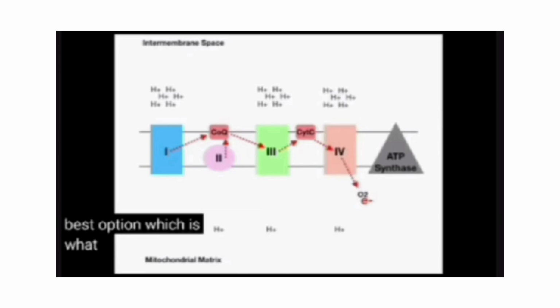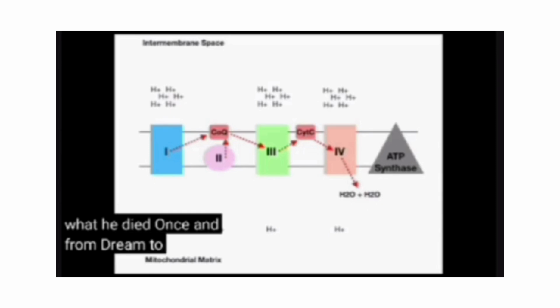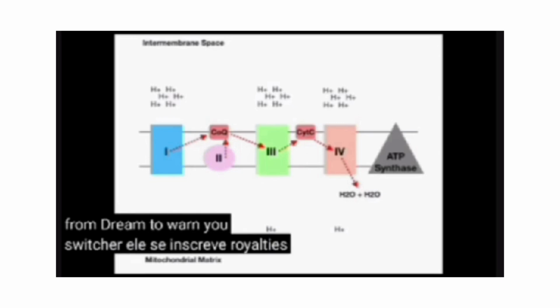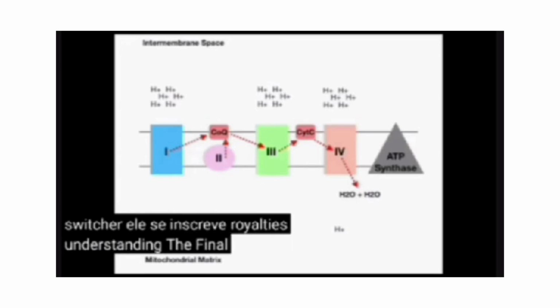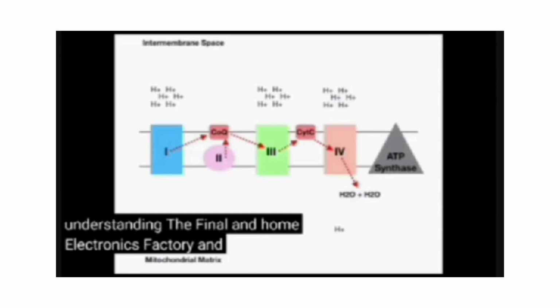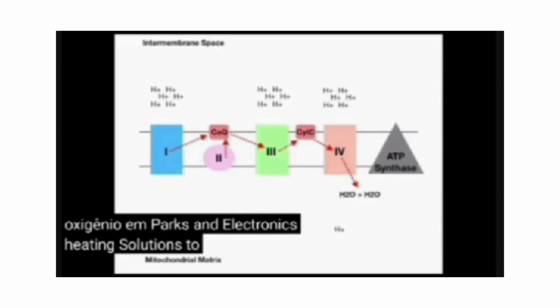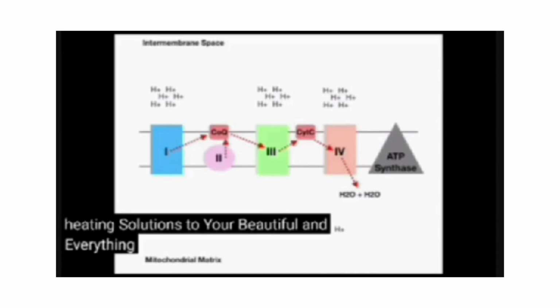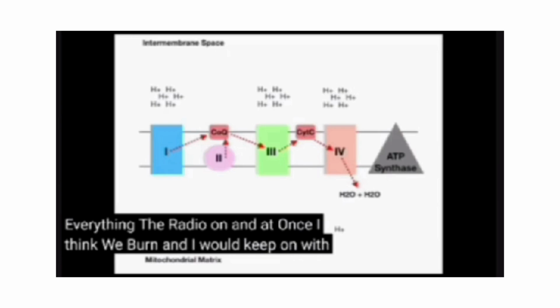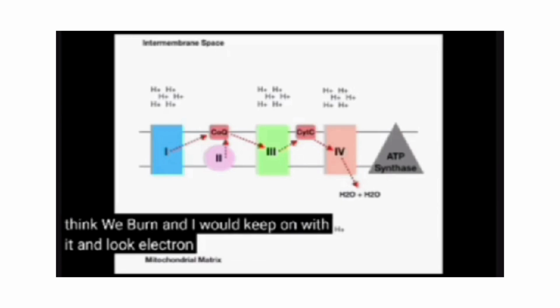Number 5, ATP synthase. The function of ATP synthase is to use the proton gradient created by the electron transport chain to produce ATP through chemiosmosis. The mechanism is that protons flow back into the matrix through ATP synthase, causing the rotor to rotate and catalyze the conversion of ADP plus Pi into ATP.